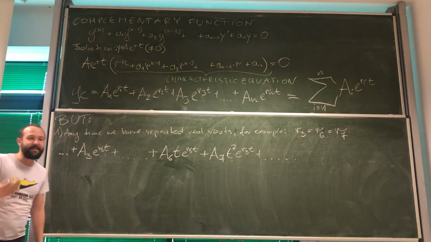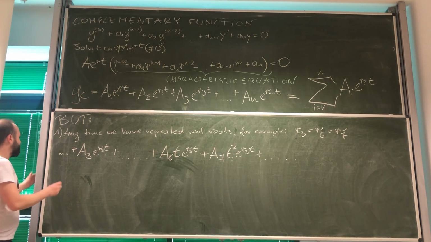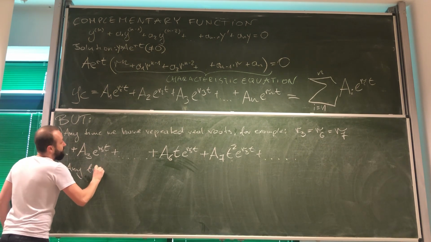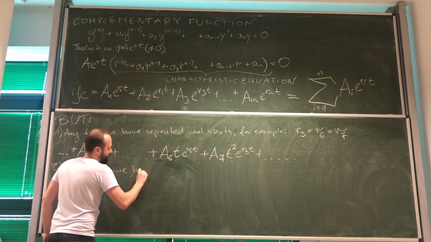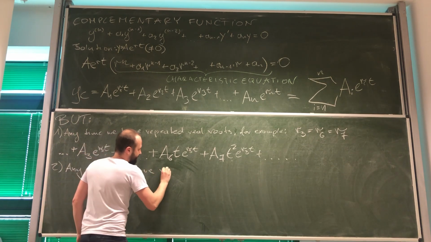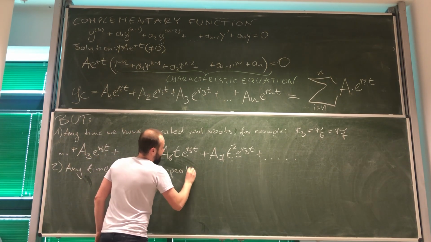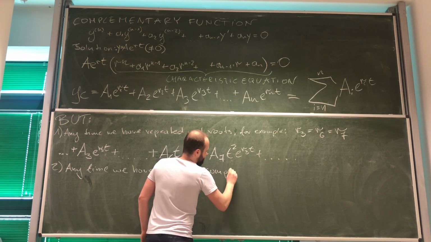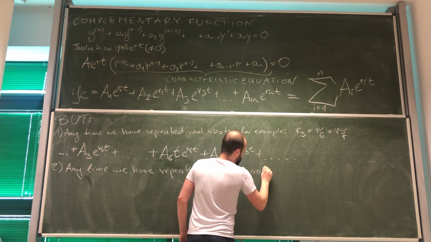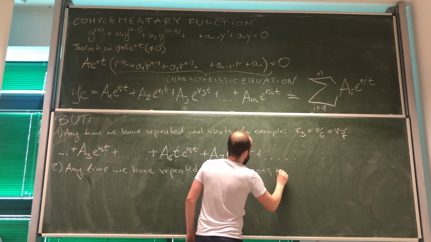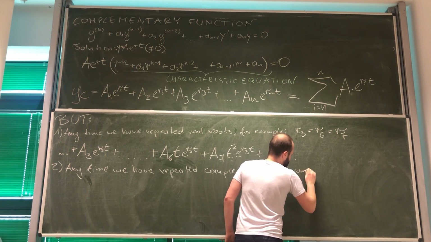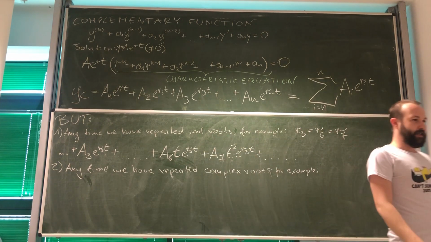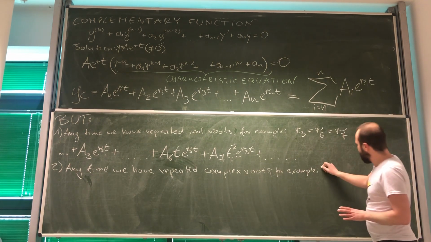So probably the next thing we should deal with is what do we do anytime we have repeated complex roots. For example, okay, so look, let's just say that now we've got a case like this.